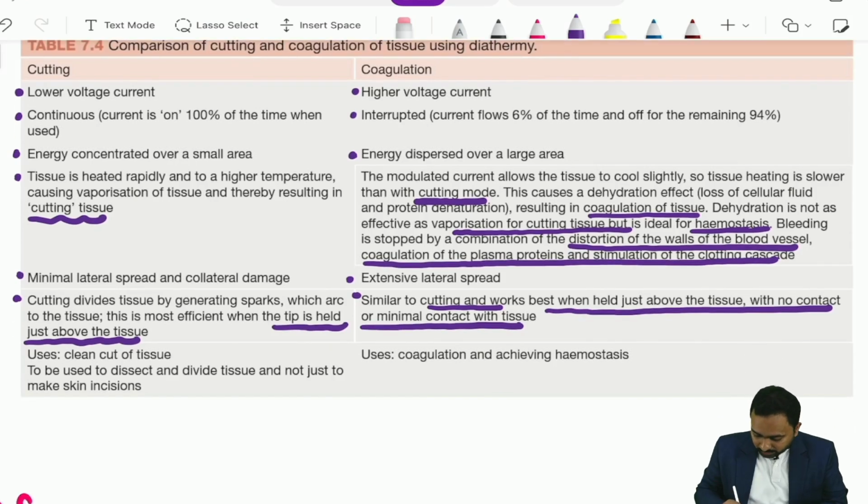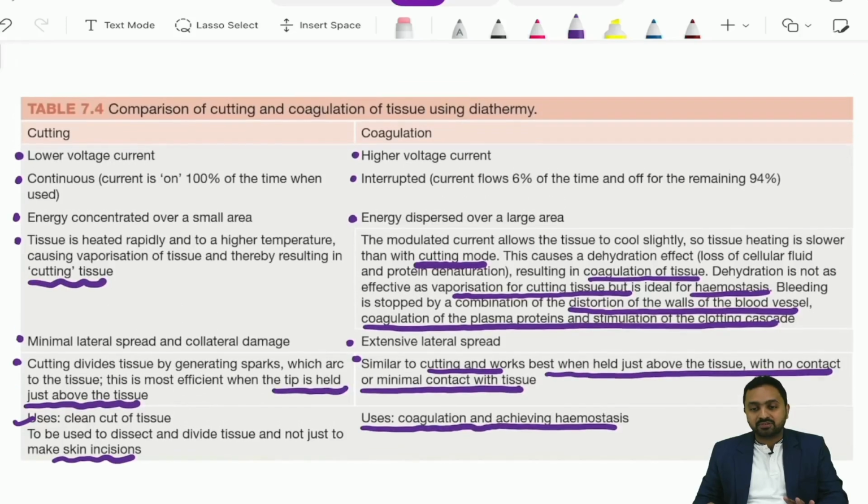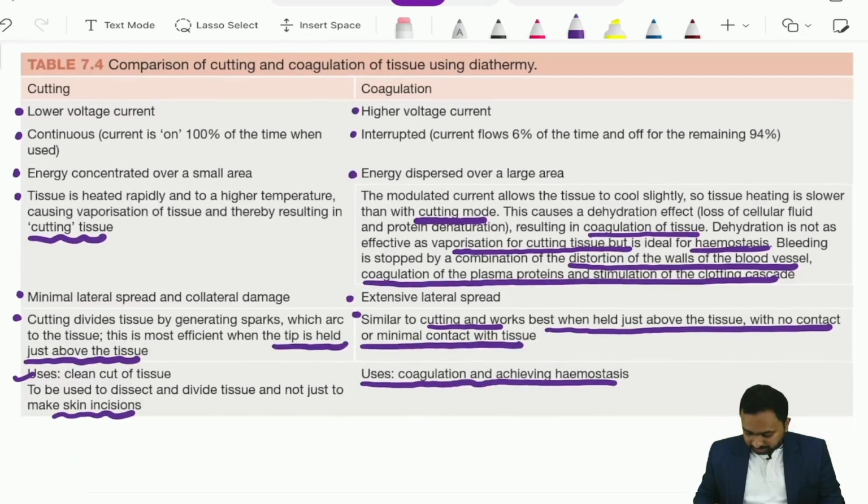Now the uses of cutting include to cleanly cut tissue and to dissect or divide tissue, and not just to make a skin incision. Now the use of coagulation is for coagulation and achieving hemostasis. So these are a few important points which have a lot of potential MCQs to be framed from your electrosurgery.